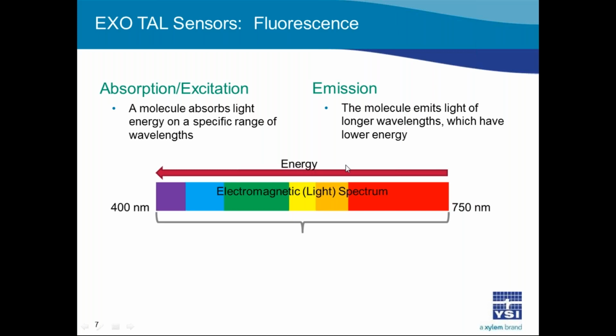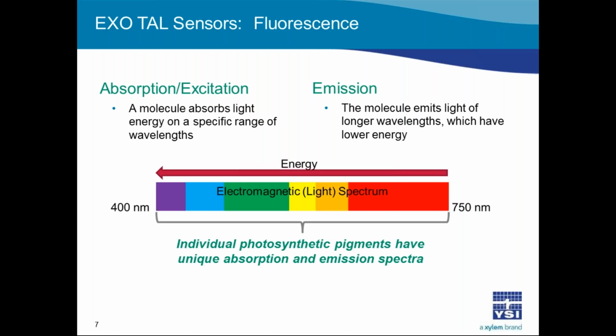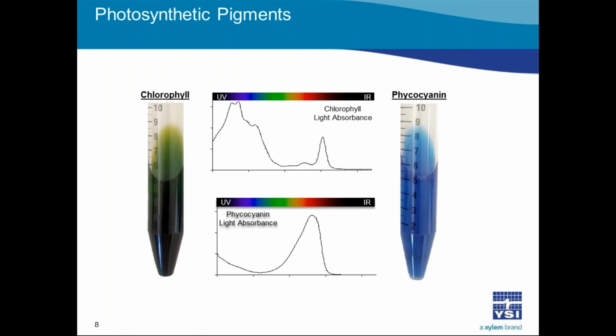This is a little reminder of how that works in the context of the electromagnetic spectrum that you may have seen somewhere in your education. But the relevance here today is that individual photosynthetic pigments have unique absorption and emission spectra, meaning they absorb at unique wavelengths of light and they emit unique wavelengths of light.